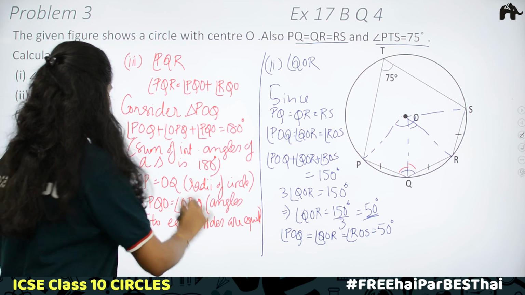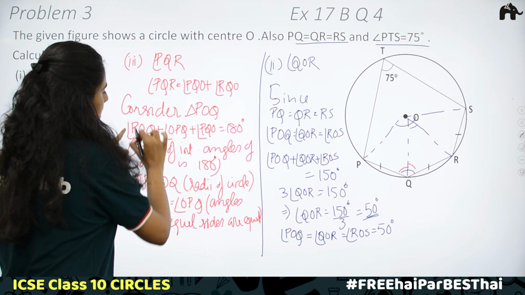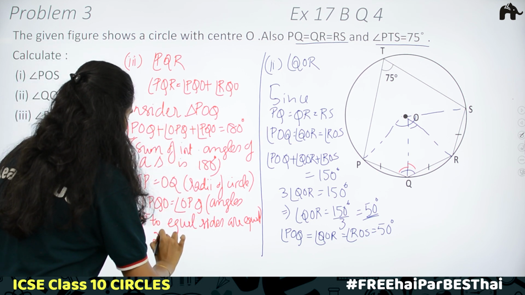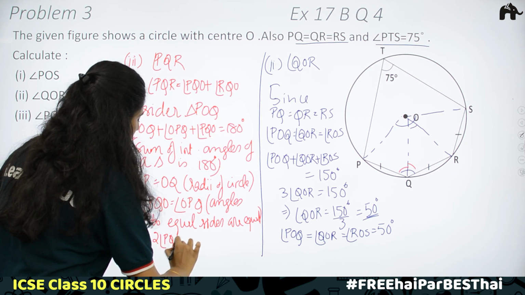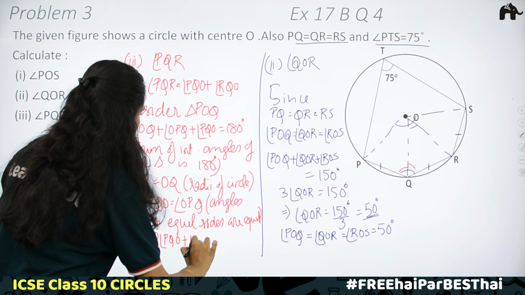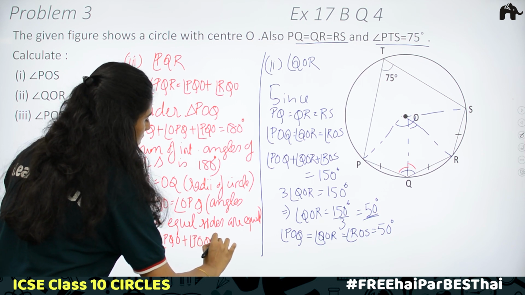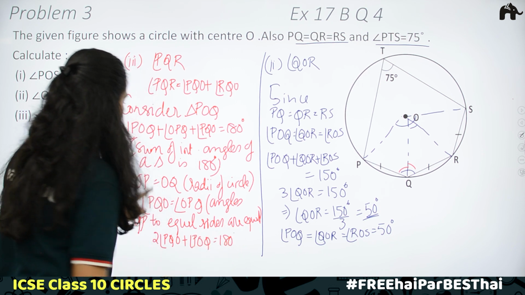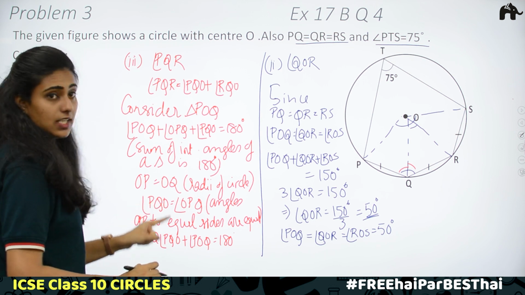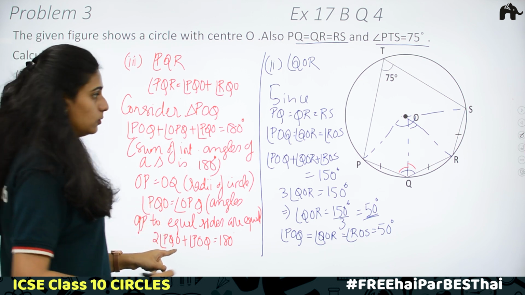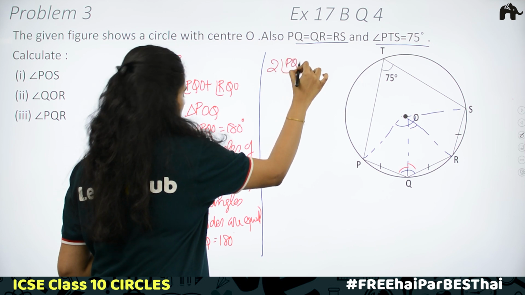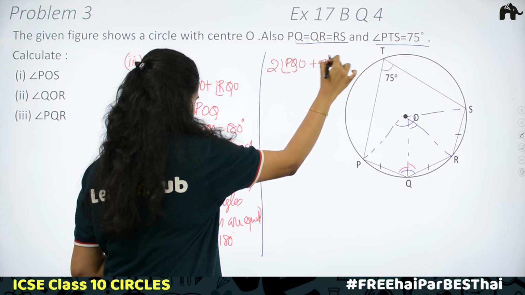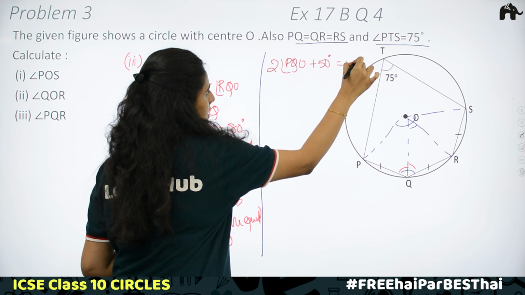Okay. Then we can rewrite this as 2 times angle PQO plus angle POQ is equal to 180 degrees. Since these two angles are equal, I am writing this as 2 times PQO. Putting the value, 2 times angle PQO plus 50 degrees equal to 180 degrees.